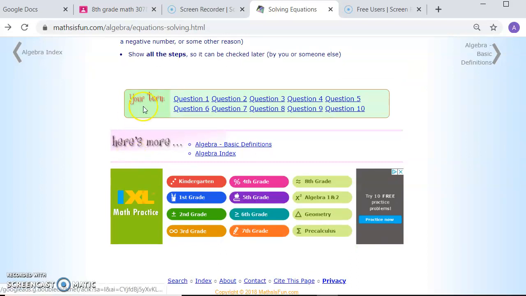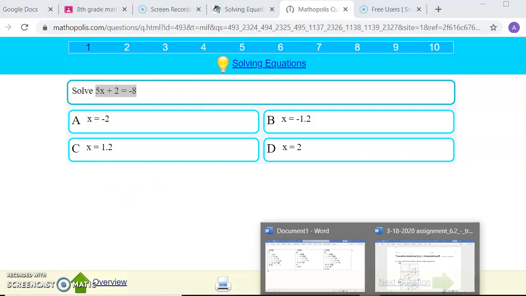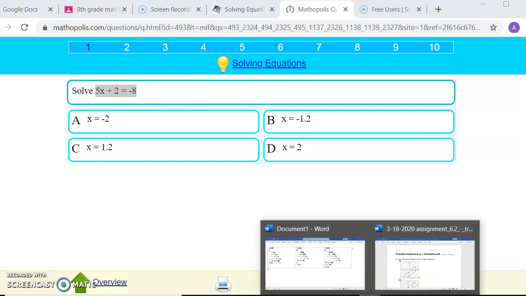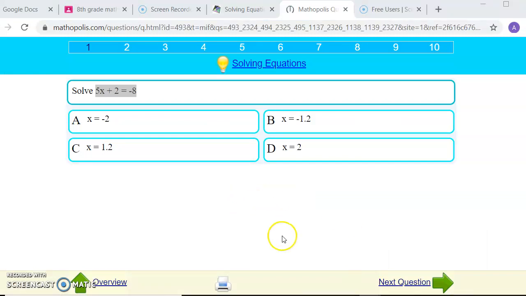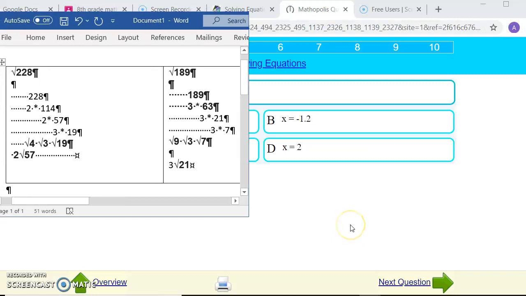So let's look at question number 1. So question number 1 says the following. Again, I'm going to go ahead and do this particular problem for you. Okay, bring up my Word document.